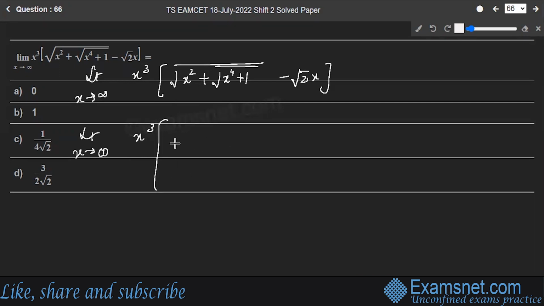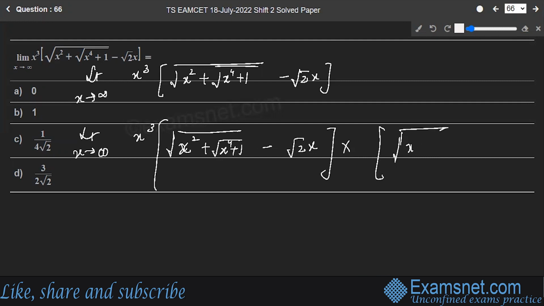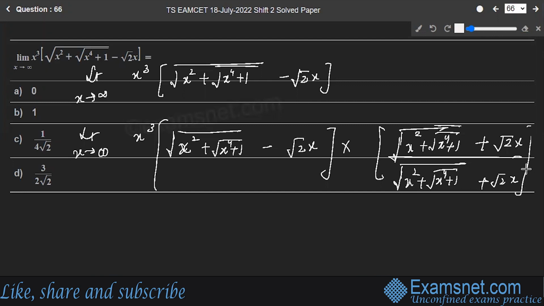Now let's multiply the numerator and the denominator by root of (x squared plus root of (x raised to power 4 plus 1)) plus root 2x.